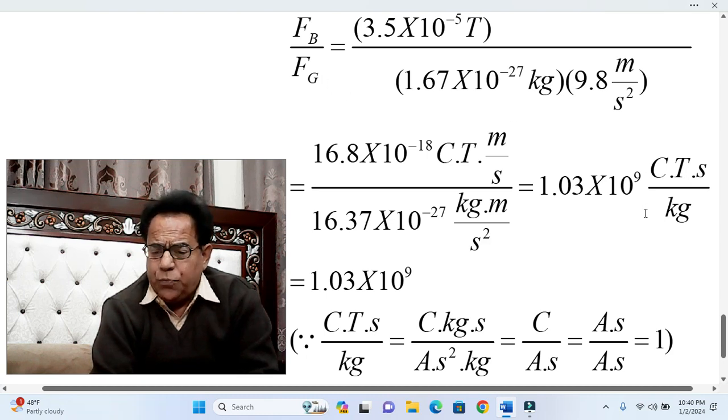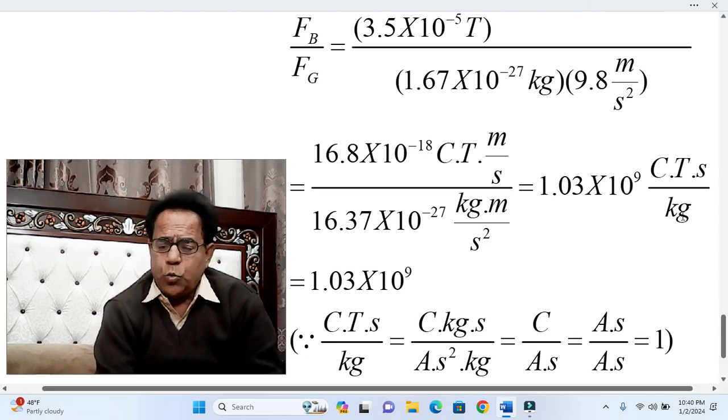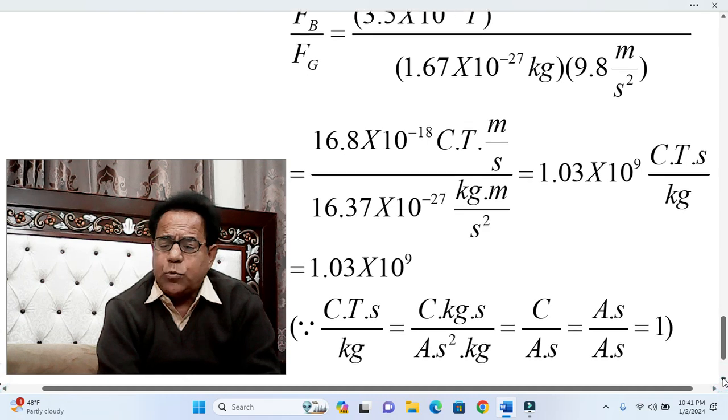But now we are going to find out how all these four units merge into each other and give the result one, unity. So first we have written them as just a number and ignored all these four units. Now we see how it becomes equal to 1.